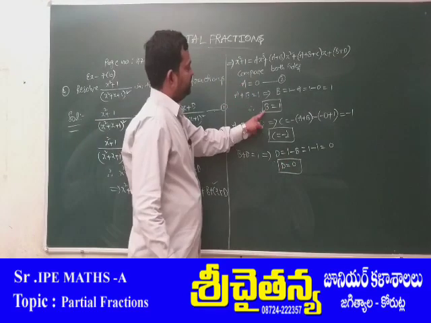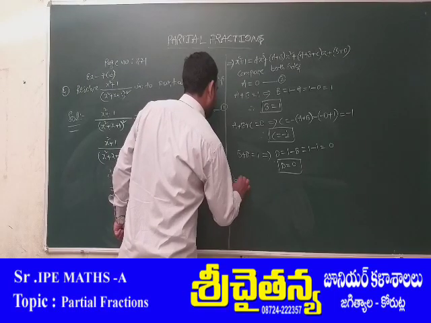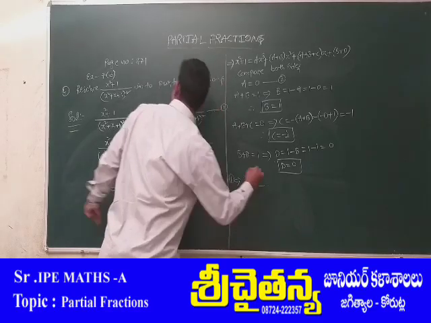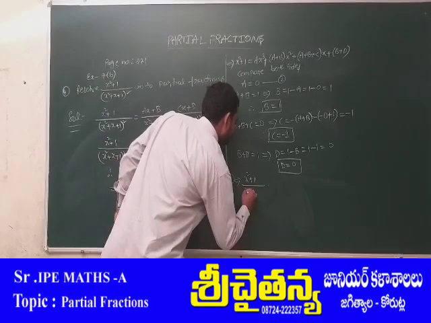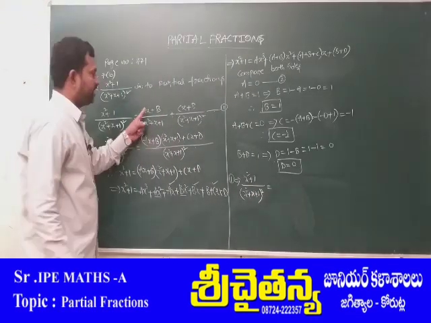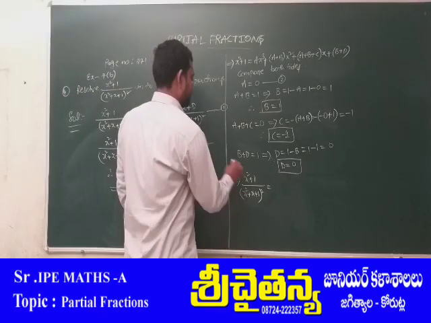Now substitute all these values of a, b, c, d in equation number 1. That means equation number 1 will be changed as x square plus 1 by x square plus x plus 1 whole square is equals to, what is here? Ax, a is 0, 0 into x is 0, plus b.